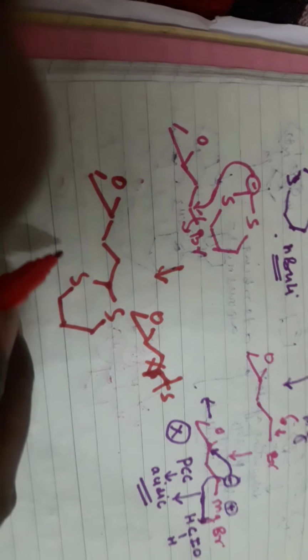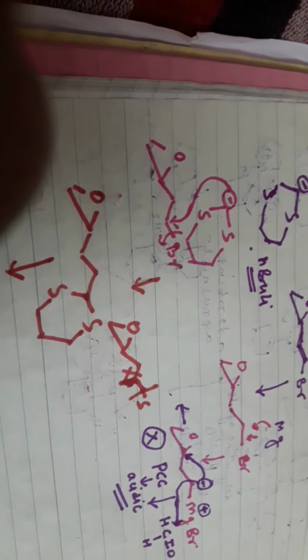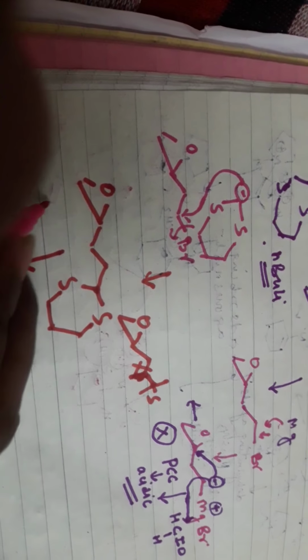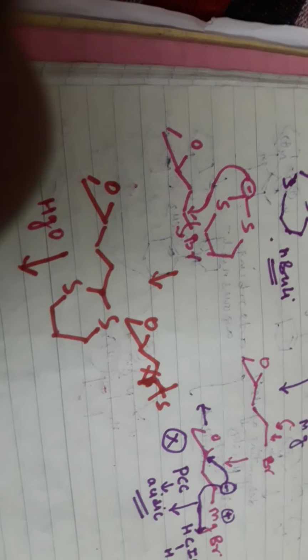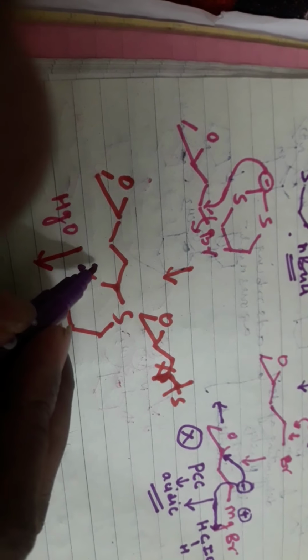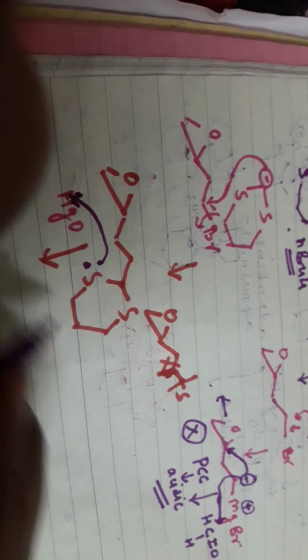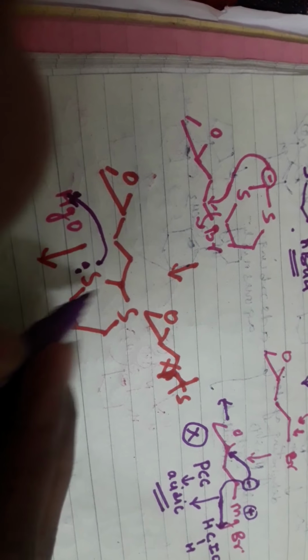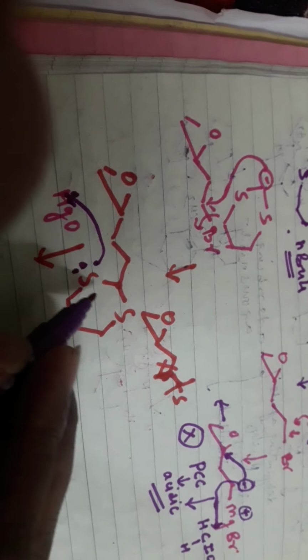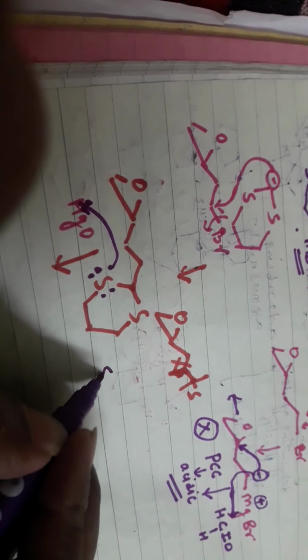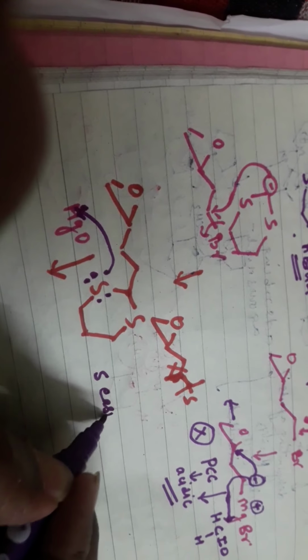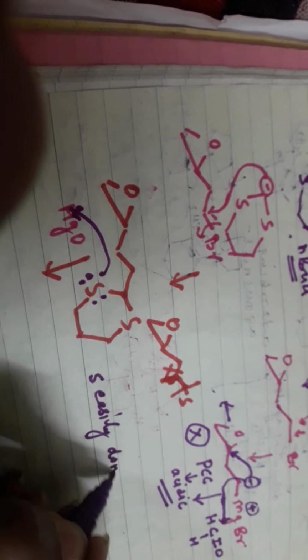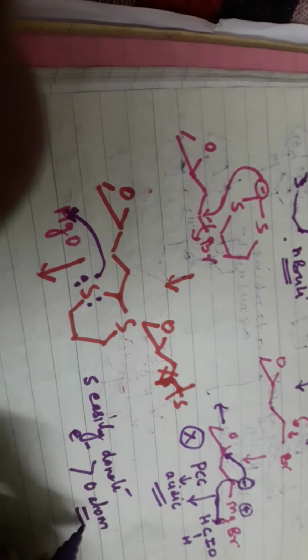Again, they added HgO. The function of HgO: since sulfur contains a lone pair, it will attack this Hg. Sulfur easily donates electrons as compared to oxygen, because of electronegativity.